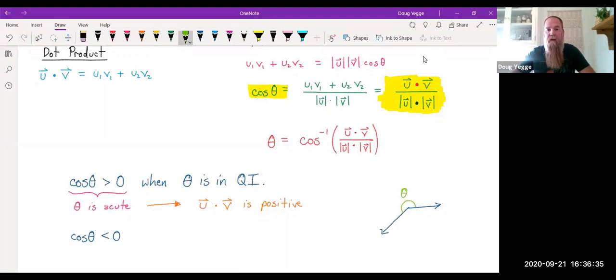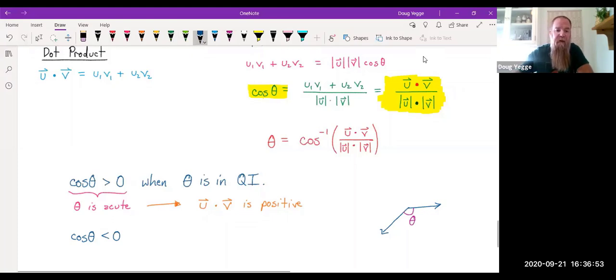The angle between them is actually going to be the angle that's between 0 and 180. That's the angle we're referring to. So we know that when theta is acute, then that means that the angle is between 0 and 90 degrees, so the dot product would have to be positive.